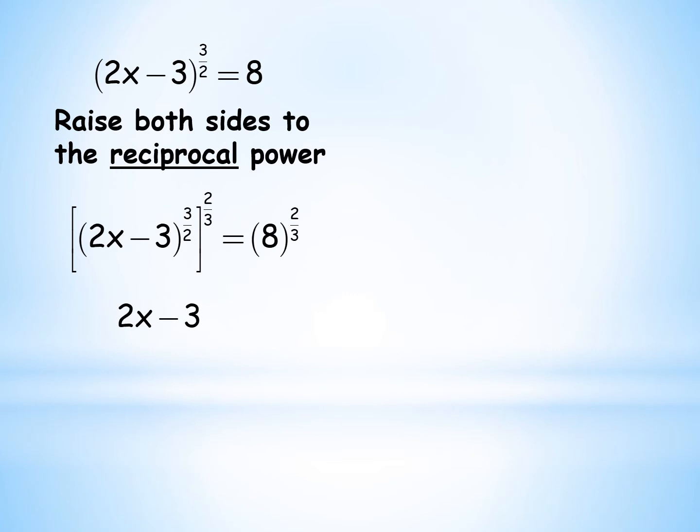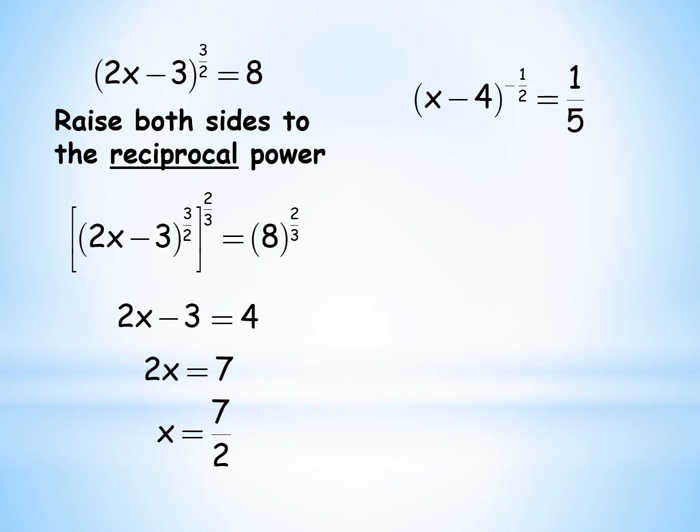And we know how to simplify this 8 to the 2/3. Remember, you're always going to do the denominator first, which is your radical. So you're going to take the cube root of 8, and then you're going to square it. So the cube root of 8 is 2, 2 squared is 4. And now you have a linear equation, which you are just going to solve. Since here in this step where you raise it to the 2/3, you're really taking the cube root, you will not have an extraneous solution.